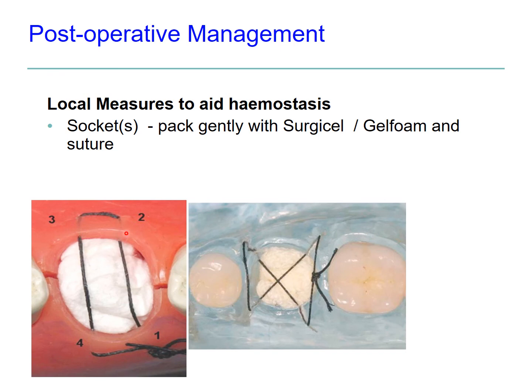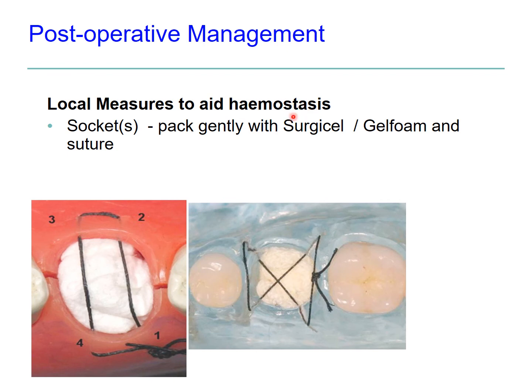You will get training on different types of sutures, suture materials, and hemostatic agents in a separate plenary later in your program. But for now, you should just remember that when we say additional local hemostatic measures, what we mean by that is A, use of a vasoconstrictor in your LA, and B, placement of a surgical dressing to aid hemostasis.